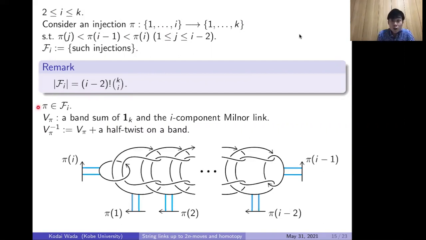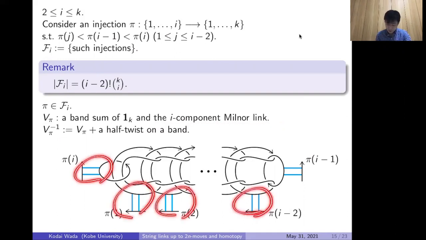For an injection in F_i, we define b_pi as a bound sum of the trivial k-component string link and the i-th component middle link. See this figure. The bands are complicated in general.